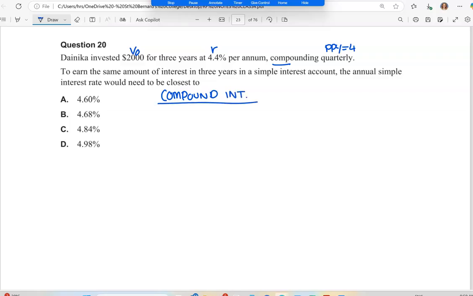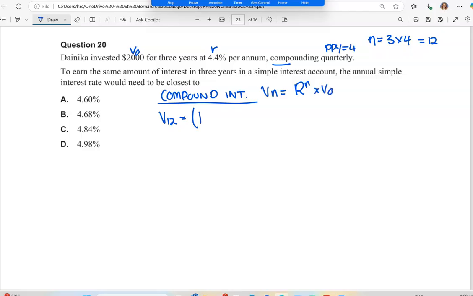So compound interest, now remember this is 3 years. So if it was compound interest and it's 3 years at quarterly, N will equal 12. So I'm going to say I really want V12, and I'm going to use the compound interest formula for the nth term, remember, is this.